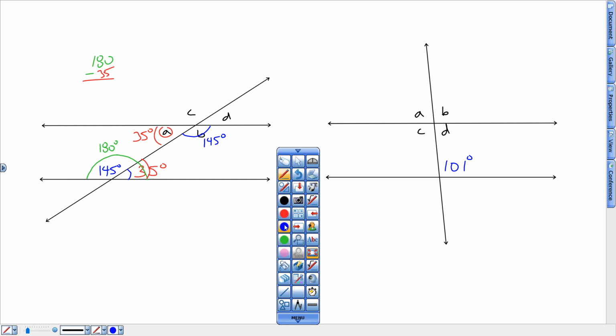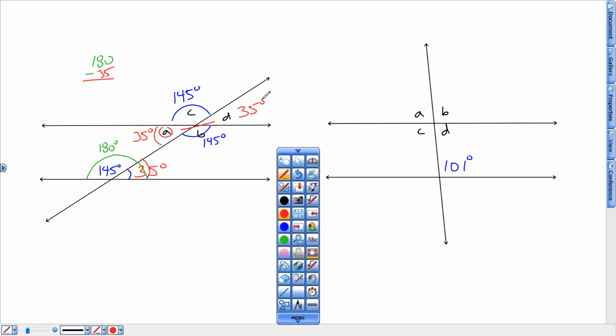Then I need you to see that this angle is equal. These are what are called vertical angles. Those angles are vertical. They're equal. Vertical angles slice across from each other. They're always equal.